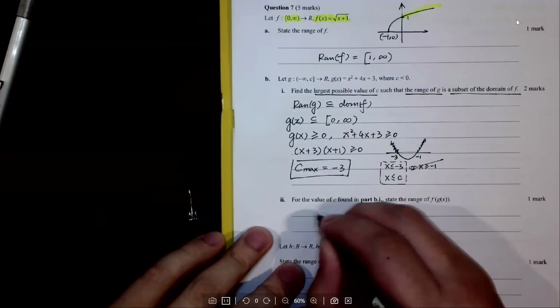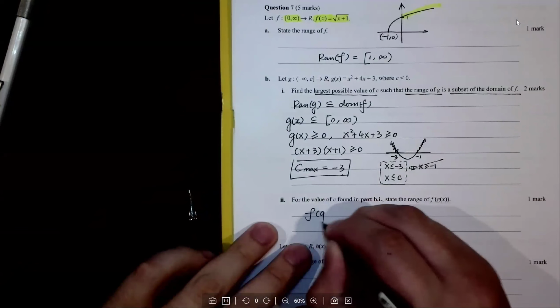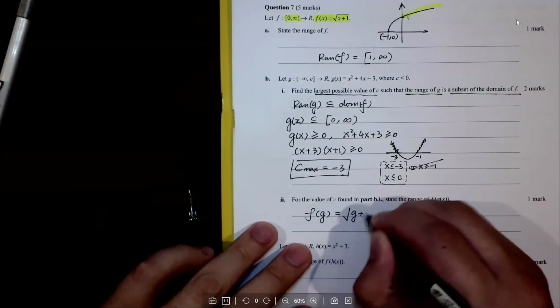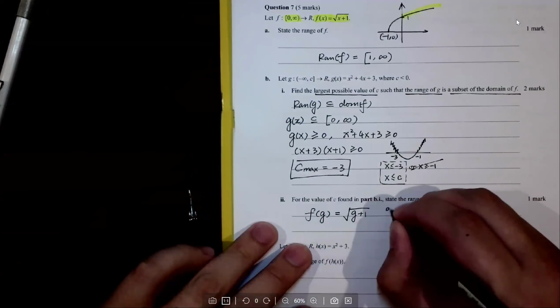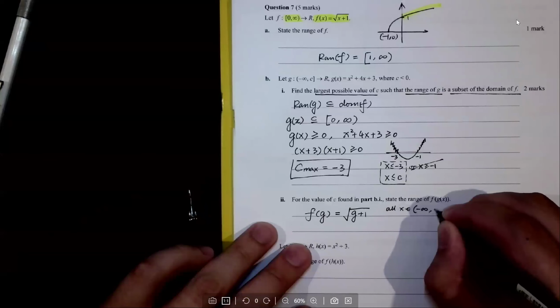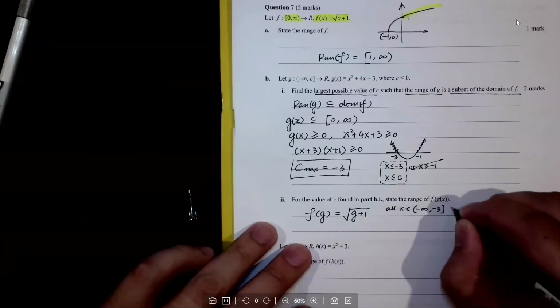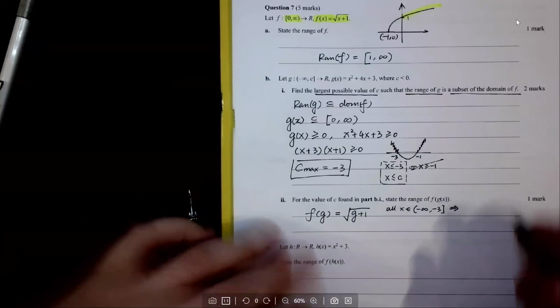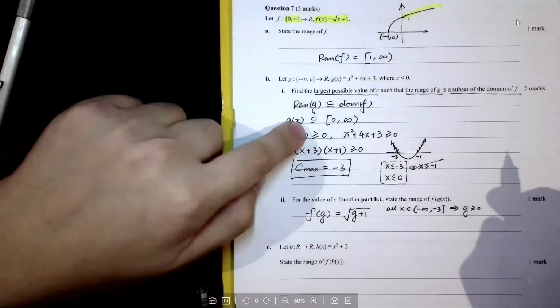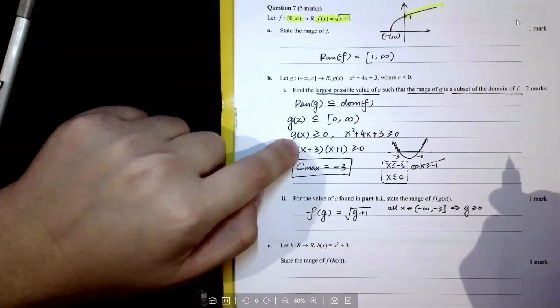Well, symbolically, if I just write f of g, that is √(g + 1). All x values belong to -∞ to -3. It is actually coming from g ≥ 0, and that is the inequality we used, okay?